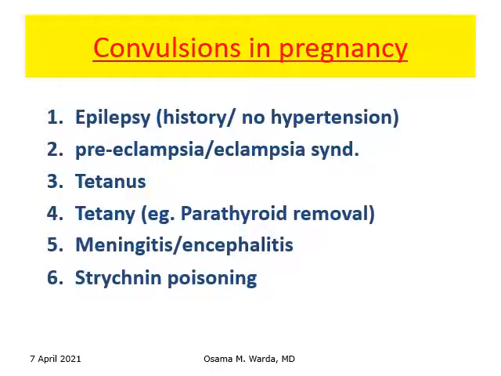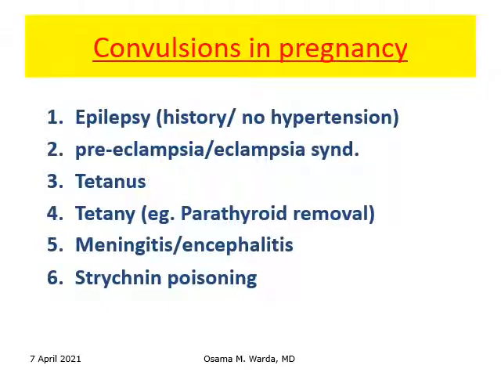Convulsions in pregnancy may be due to epilepsy, with a history and no hypertension and no proteinuria, or preeclampsia-eclampsia syndrome, which starts after the 20th week of gestation, with hypertension and with or without proteinuria. It may be due to tetanus infection with the tetanus organism, or to hypocalcemia that may cause peripheral tetanic movements.